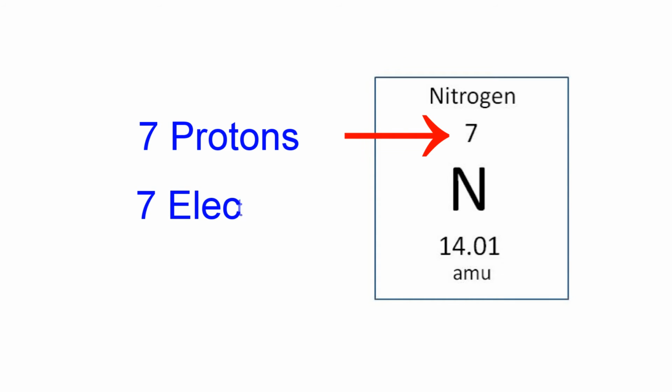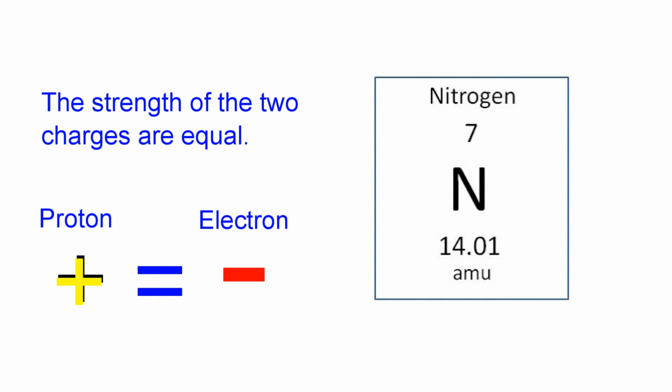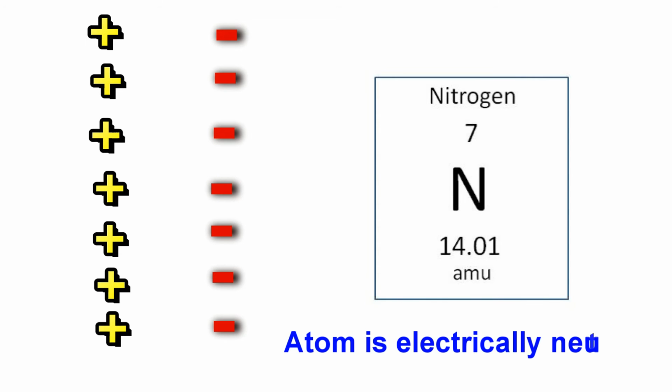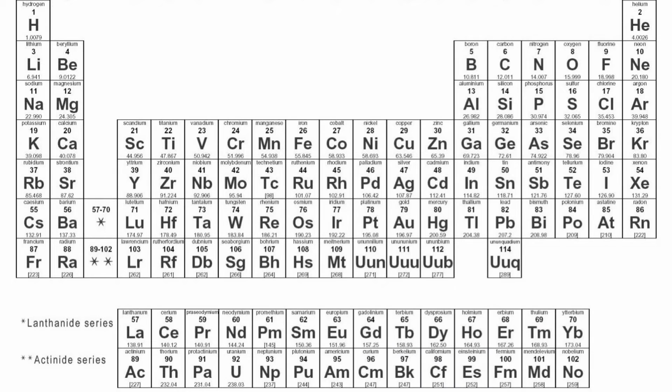And it also has 7 electrons that give it 7 negative electrical charges. Remember that the positive charge on the proton is of the same strength as the negative charge on the electron. Therefore, if you have the same number of protons and electrons in an atom, the overall atom will be electrically neutral.